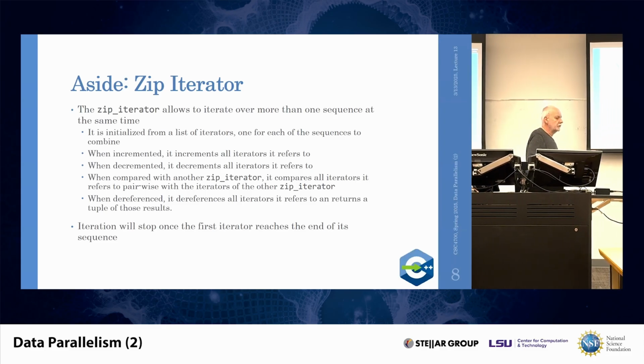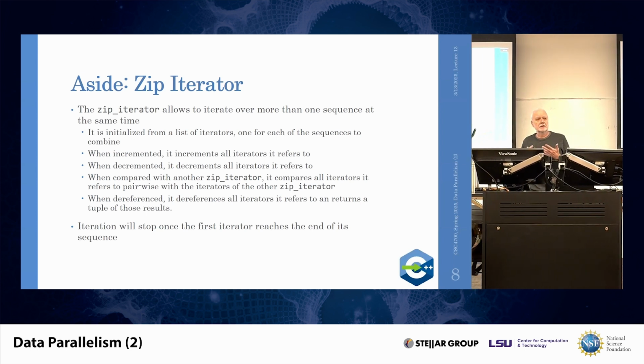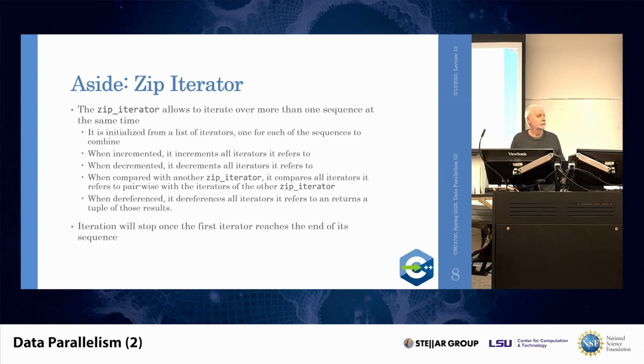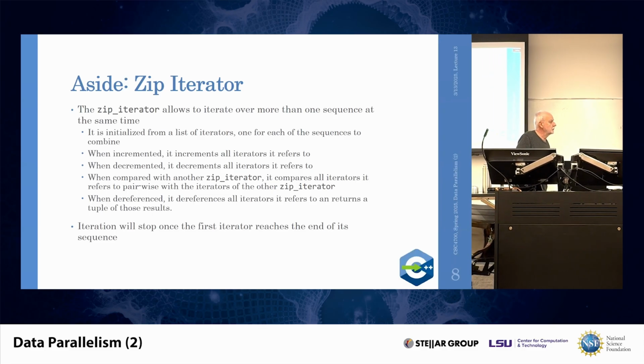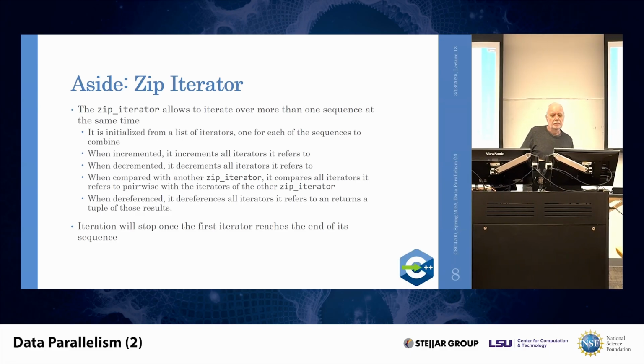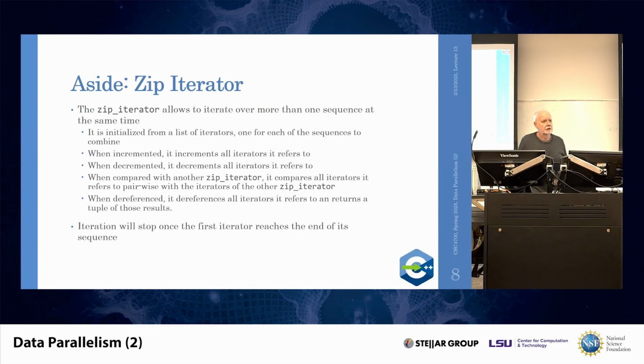When you compare the zip iterator with another zip iterator, it will just compare the embedded iterators and will return the conjunction of these comparison operations. And last but not least, and that's the most interesting one, when you dereference a zip iterator, it gives you a tuple of the dereference results of the underlying iterators.